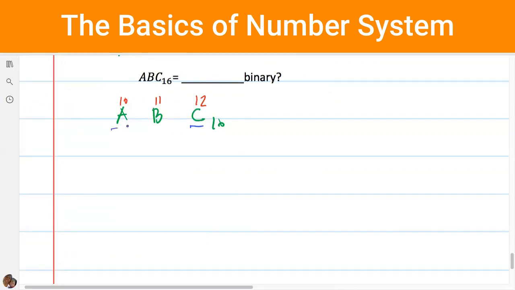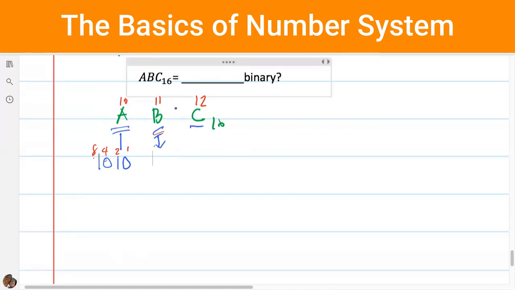Let's start with 10. The decimal number 10 in binary is equivalent to 1010. That is 8 and 2, that's 10, right? What about B? Take note, B is equivalent to 11.